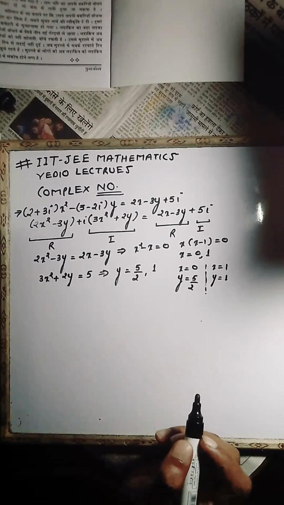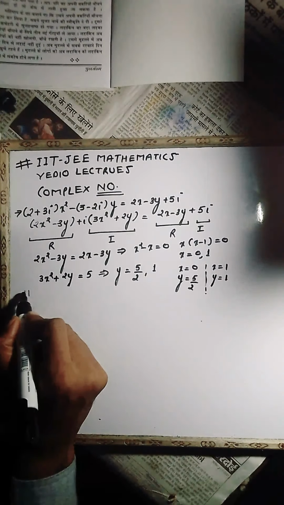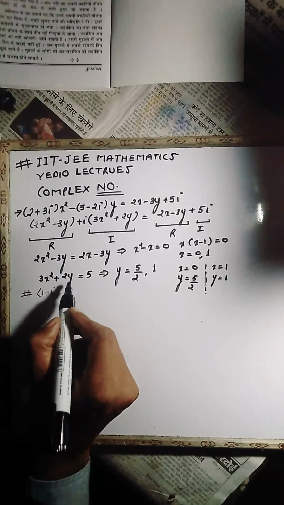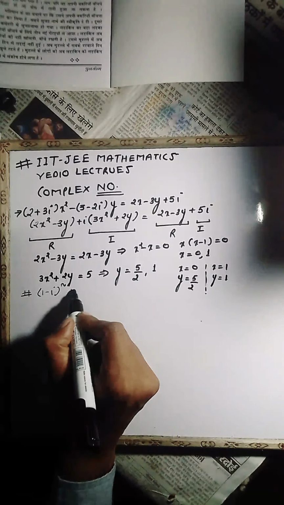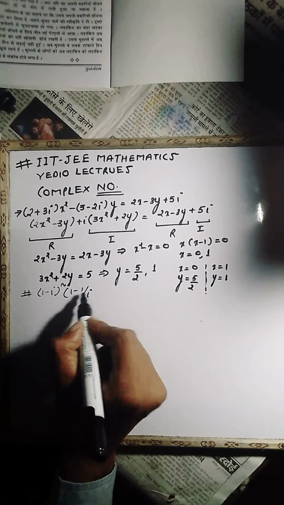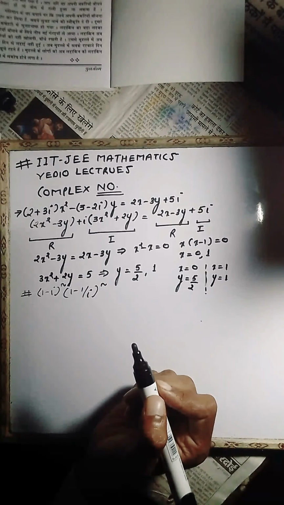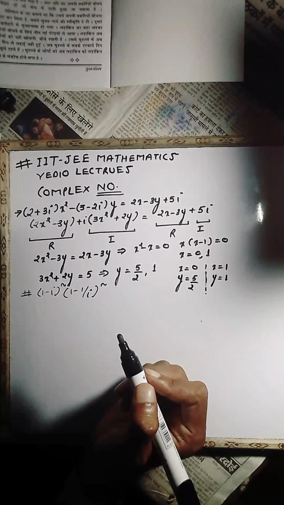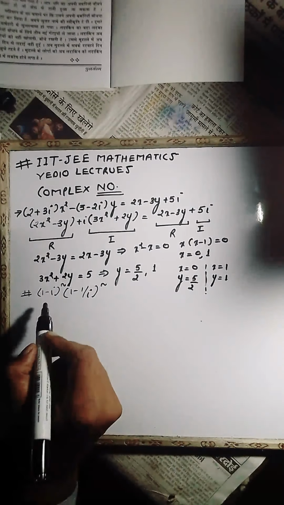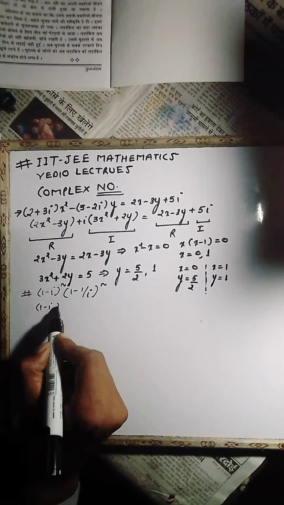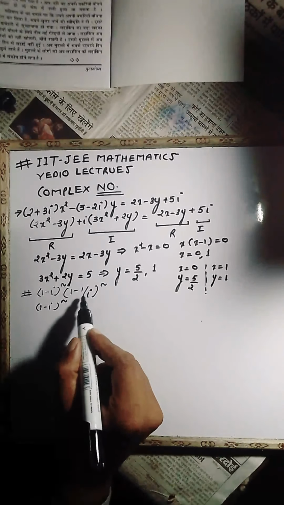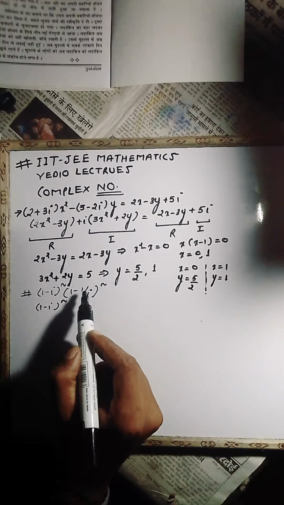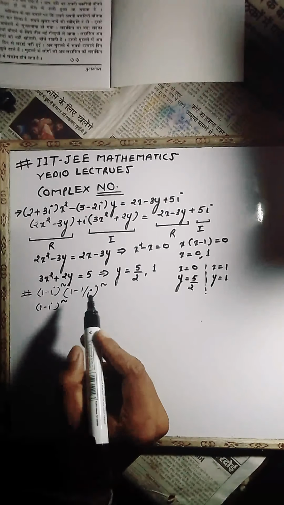So the problem is (1 minus i) to the power n and (1 upon i) to the power n. So now what we will do, we will multiply with i on both.